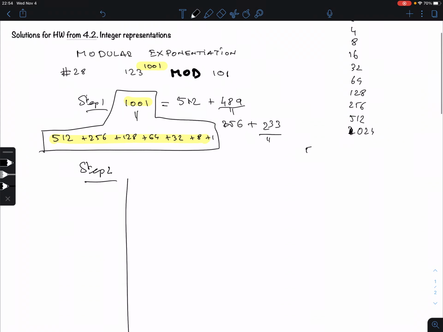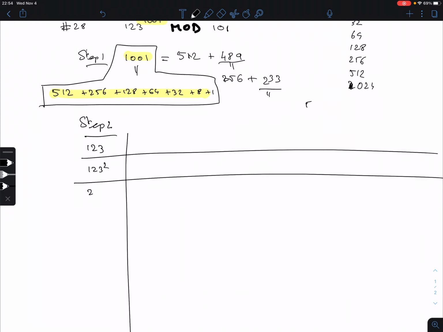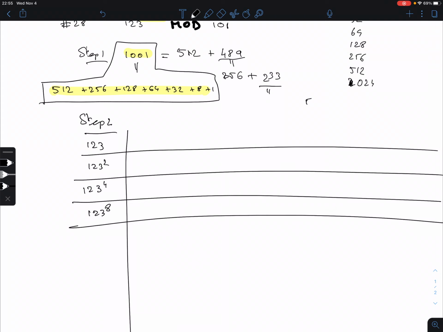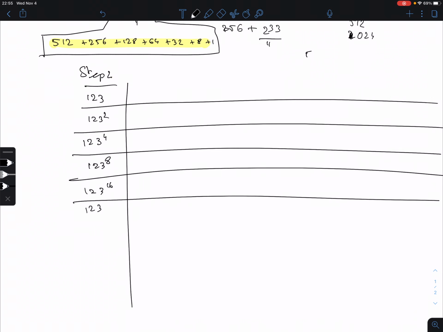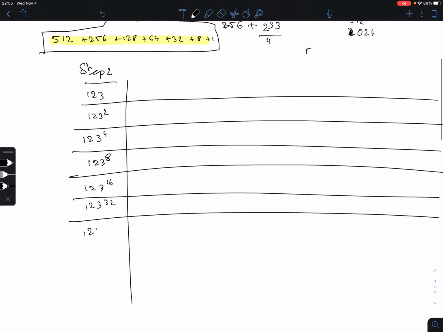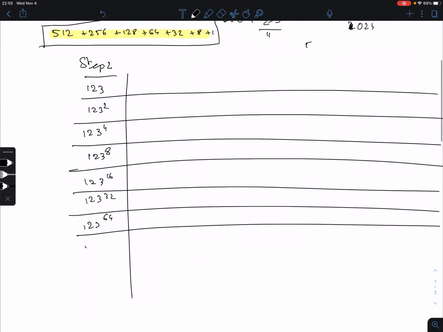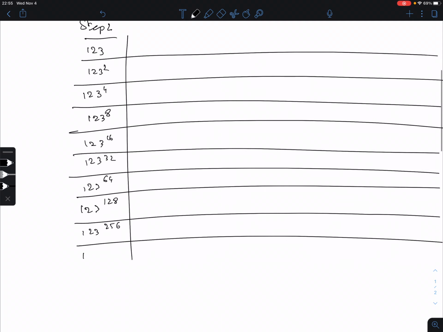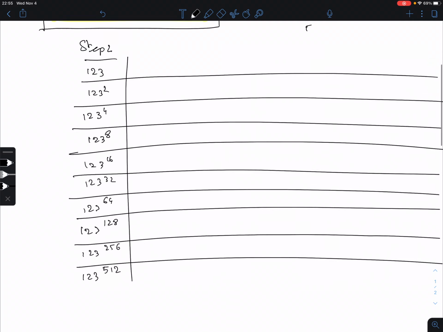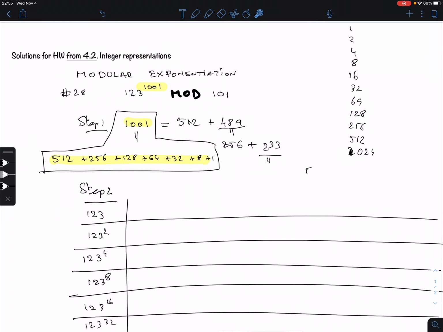On the one hand, here I write the powers of 123. 123 squared, and each time I take the square of the previous one. 123 to the fourth, 123 to the power 8, 123 to the power 16, 123 to the power 32, 123 to the power 64, 123 to the power 128, 123 to the power 256, and 123 to the power 512.